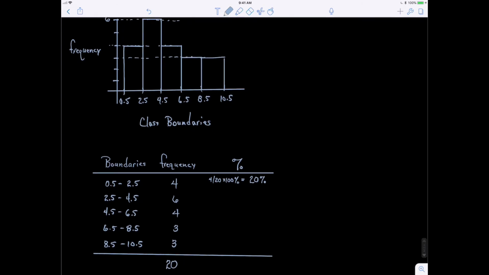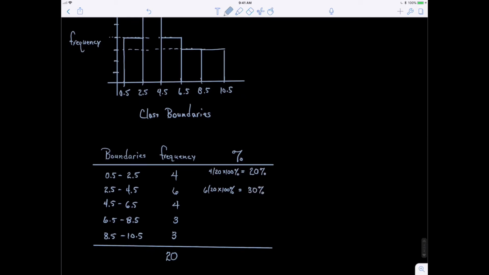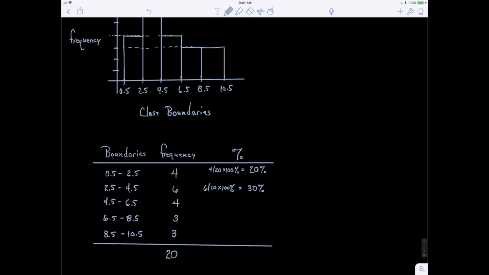For a frequency of 6, you'll take 6, you'll divide it by 20, you'll multiply it by 100%, so that we can say those 6 dots found in our second bin, or second bar of the histogram, account for 30% of our dots. And we already did 4, we know that that's 20%.